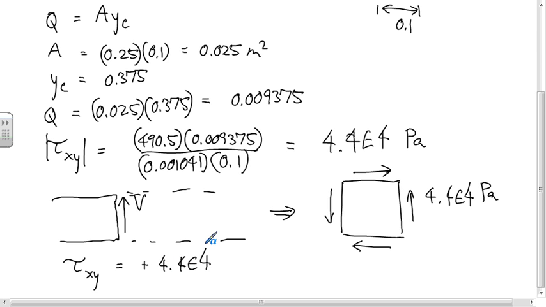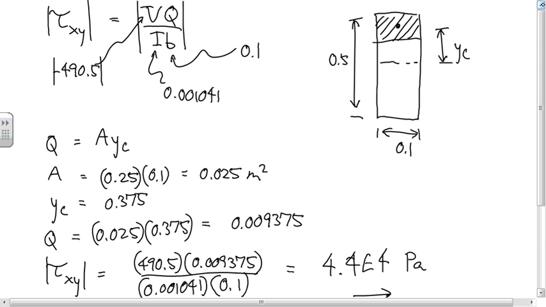Yep. How is YC 0.375 if it's 0.5? Yes, I screwed that up again. So this whole thing is 0.25. I messed these all up. So the area is 0.125.